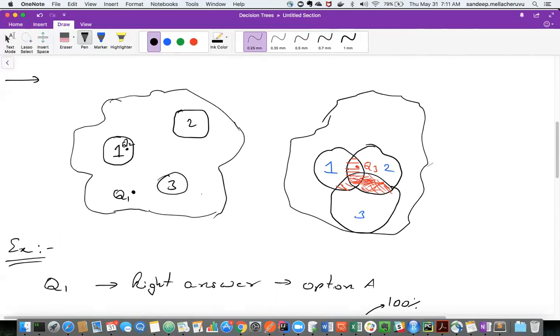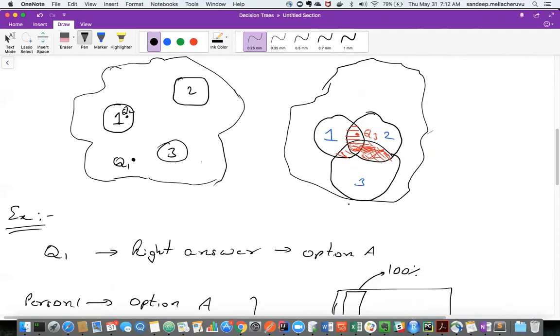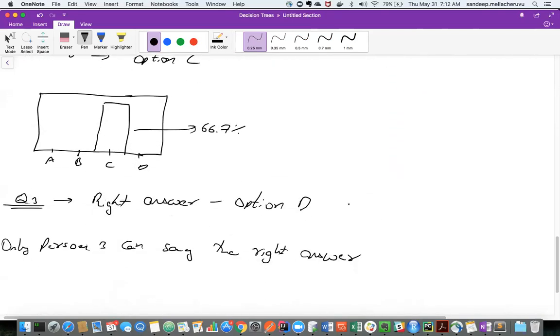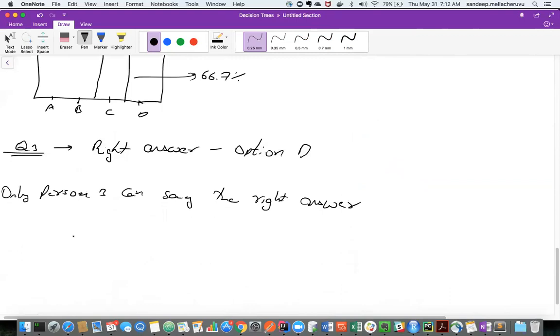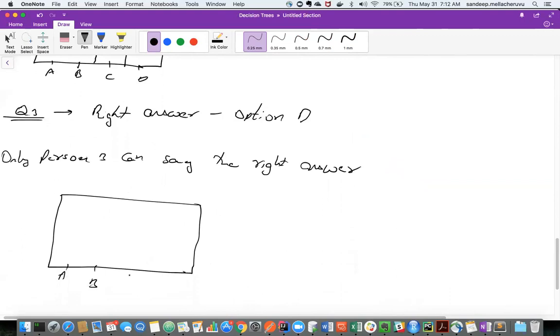So this question is in both the circles of 1 and 2. Because it is in both the circles, both person 1 and 2 are going to say the wrong answer, which means if you go back to this bar chart where this is A, this is B, C and D, how many times will D be there?